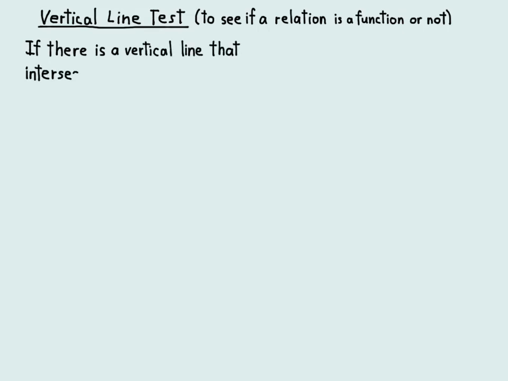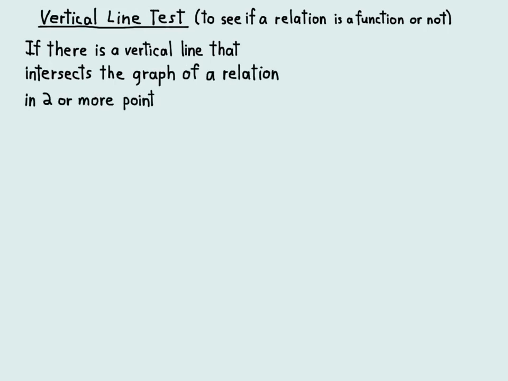So it says if there is a vertical line that intersects the graph of a relation in two or more points, then the relation is not a function.